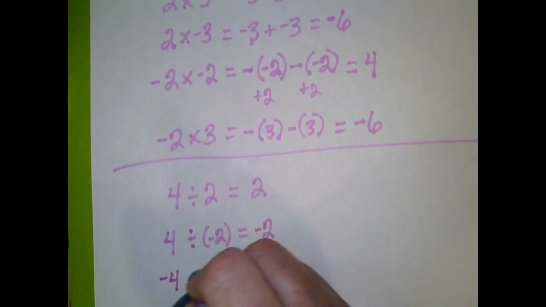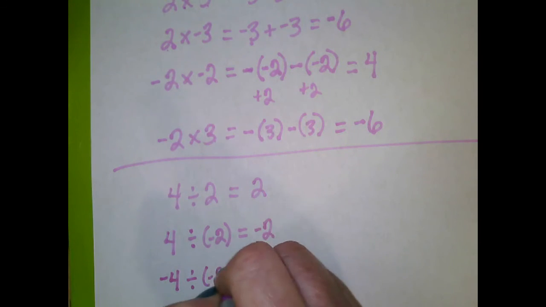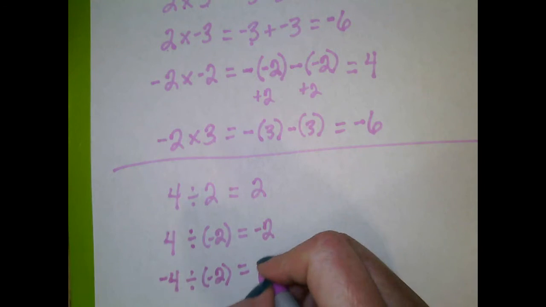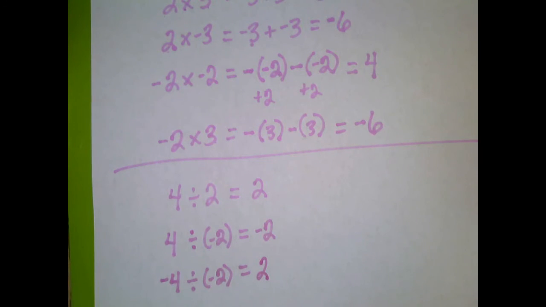But if you got negative 4 divided by negative 2, how many negative sets are there? 2. It's kind of crazy, isn't it?